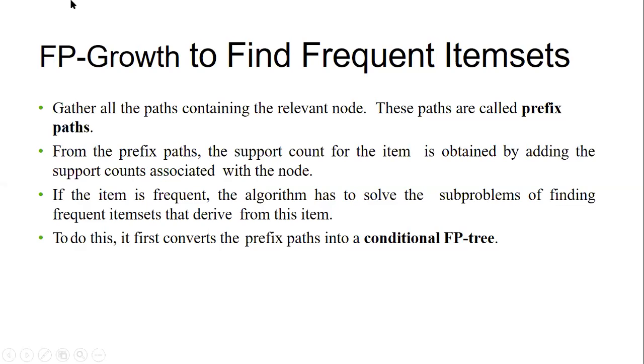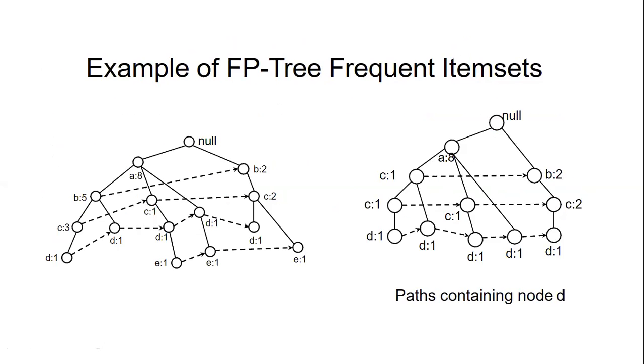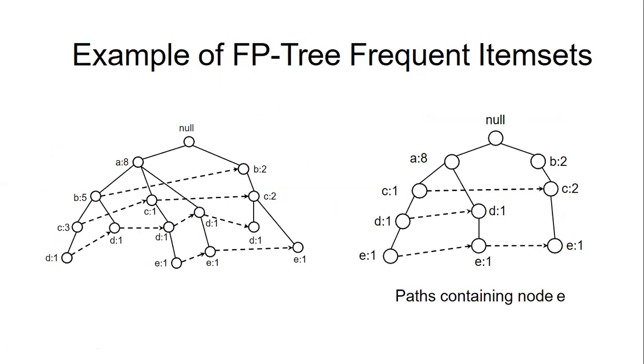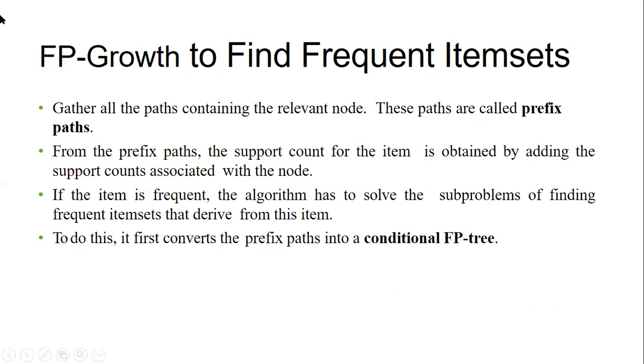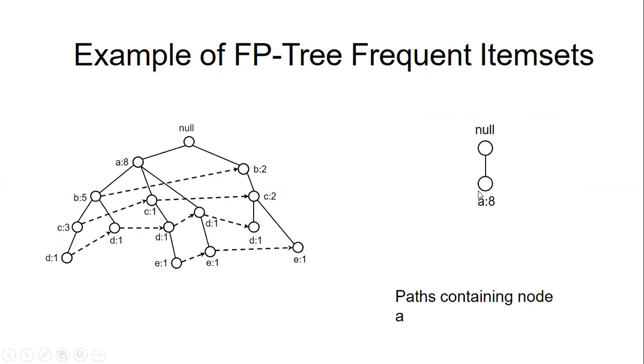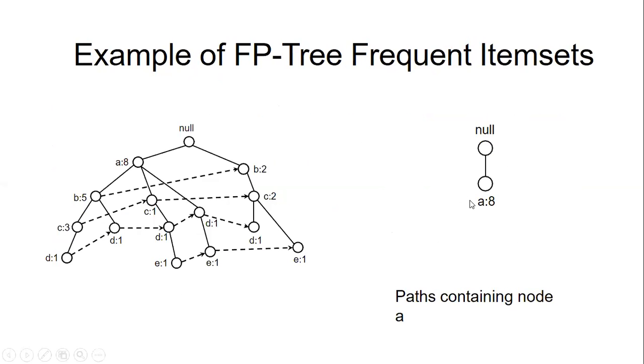We have gathered paths containing E, containing D, containing C, containing B, and containing A. Here A, here B, here C, D, and E. We call all of these prefix paths. Hope it is clear for you.